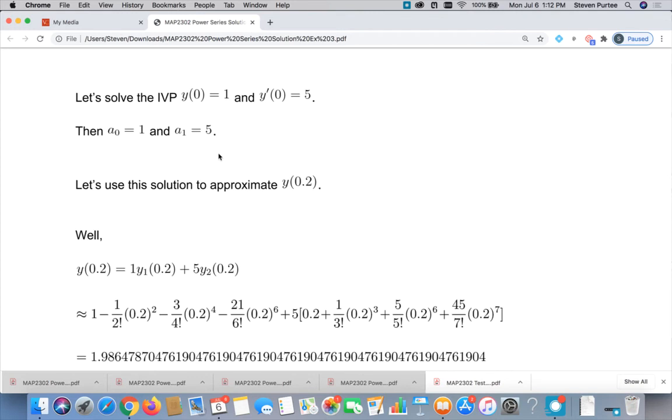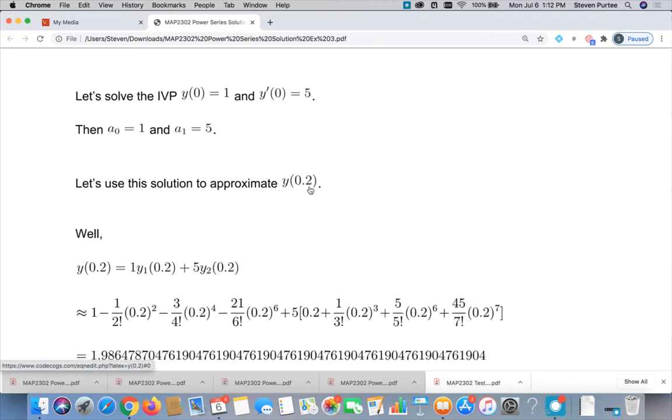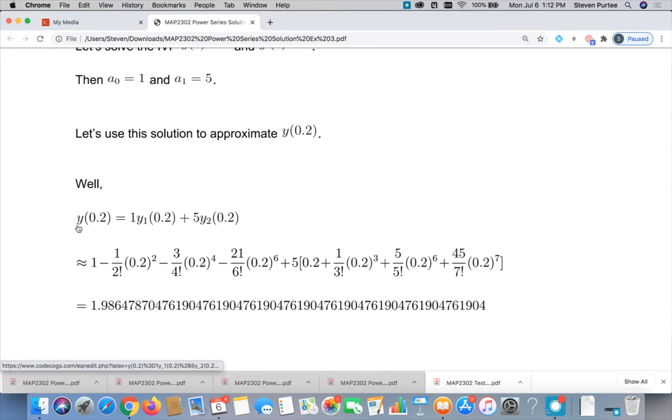Now let's use this particular solution to approximate y at 0.2. So y is A0 y1 plus A1 y2. I wish we didn't mix up the numbers like that, but we do. Now I'm just going to plug in 0.2 into all the terms that I bothered to write out.